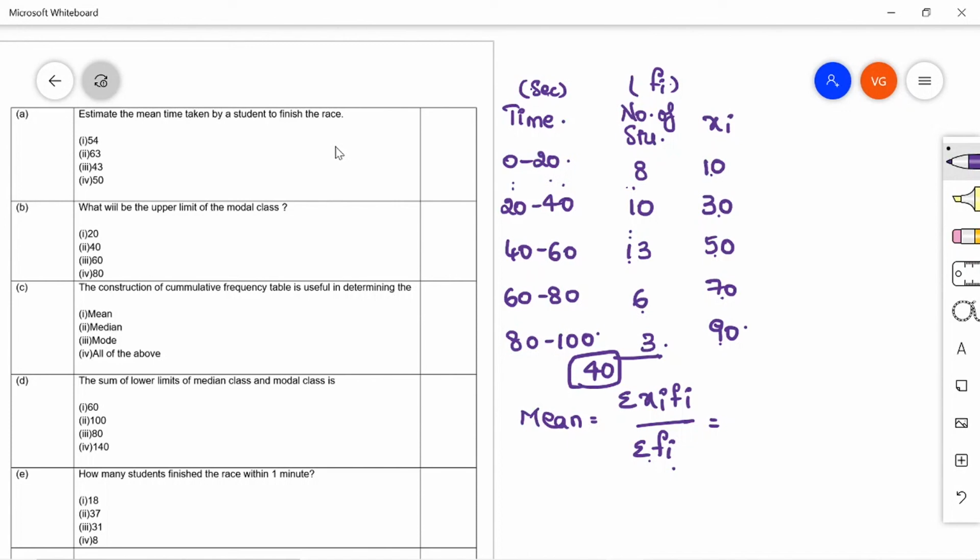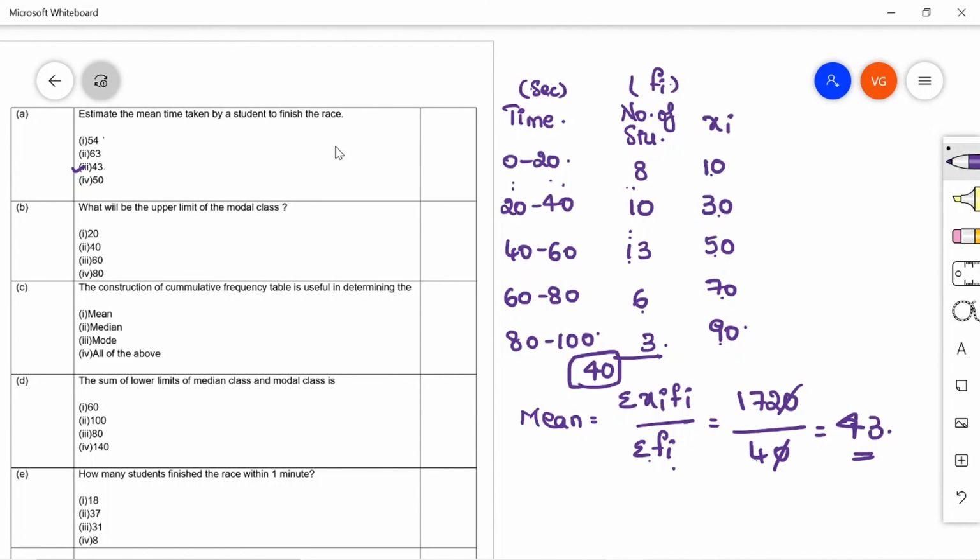That is sigma xi fi. That gives me 1720 divided by 40. So this you will get it as 43, right? So the mean is 43. Out of the given options, option 3 is correct here.